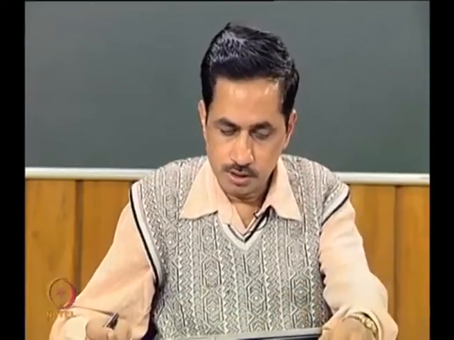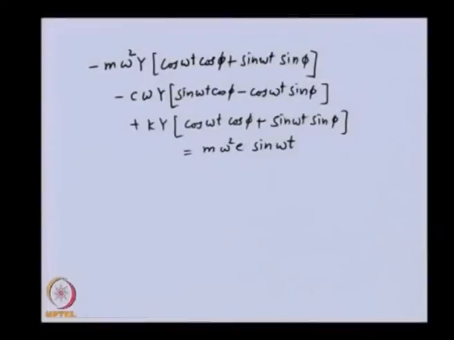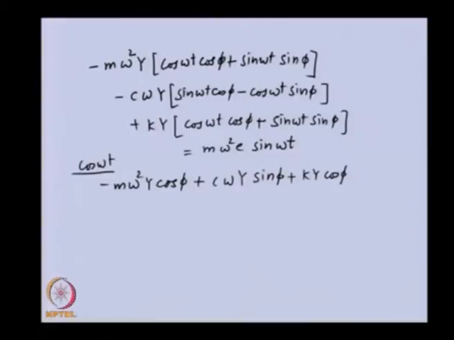Cos omega t and sin omega t terms. So I am first taking the cos omega t terms separately and equating them to 0. First term, then from damping, then from stiffness, is equal to 0, because on the right hand side there are no cos omega t terms.